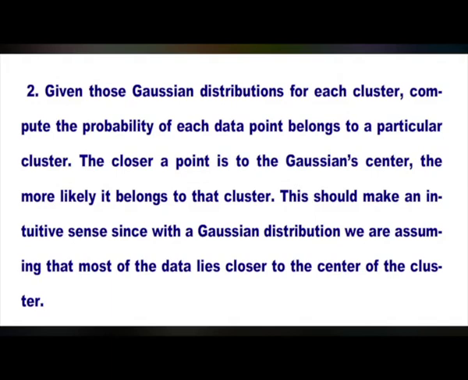Given those Gaussian distributions for each cluster, compute the probability that each data point belongs to a particular cluster. The closer a point is to the Gaussian center, the more likely it belongs to that cluster. This should make intuitive sense since with the Gaussian distribution, we are assuming that most of the data lies closer to the center of the cluster.